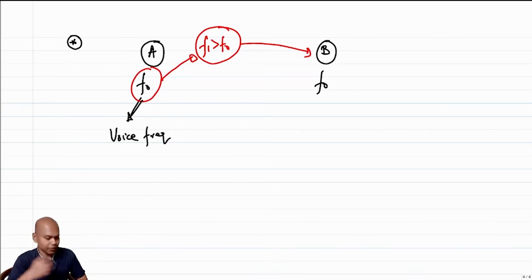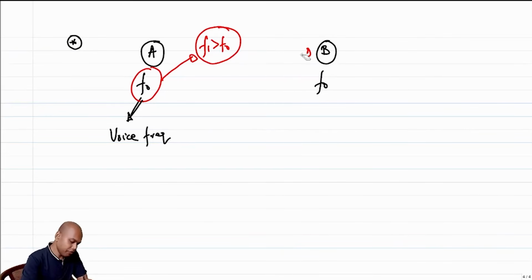If f0 is, let's say, 10 hertz and f1 is, let's say, 10 megahertz, then obviously B will not be able to listen to a 10 megahertz signal, right? So what does B need to do? Before it reaches the eardrum of B, it needs to be converted back from f1 to f0 and then sent to B.